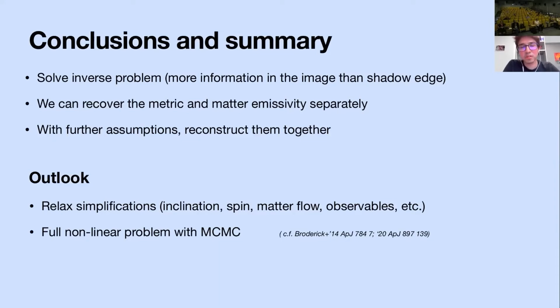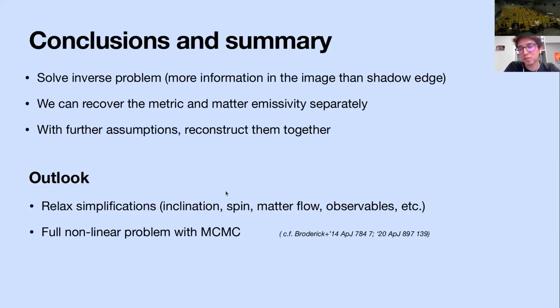Of course, as I mentioned at the beginning, we had to make many simplifications because this is a complex problem. And we only wanted to see, as a proof of principle, whether this type of approach would work. So as future work, one can extend our approach by including more parameters, describing a more realistic matter flow.